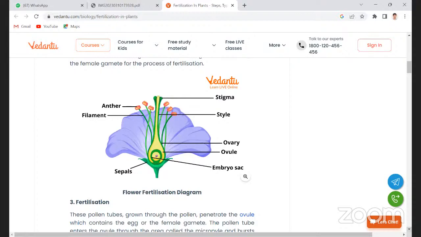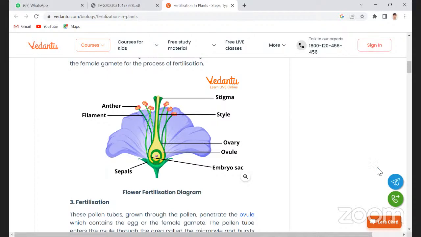The green part is the stigma and style. Below this you observe the ovary, ovule, and embryo sac. At the bottom are the sepals, which protect the flower, and these are the filaments and the anthers. I already explained this in the previous class.